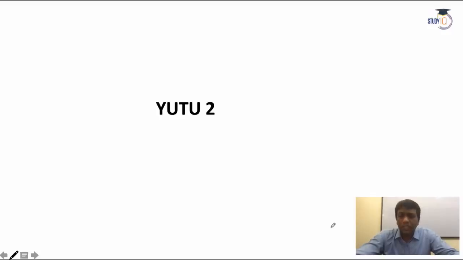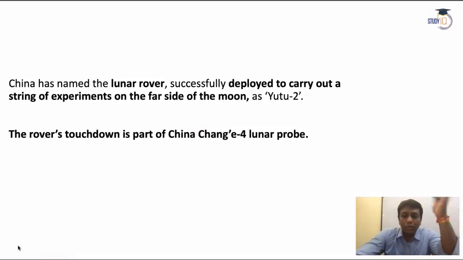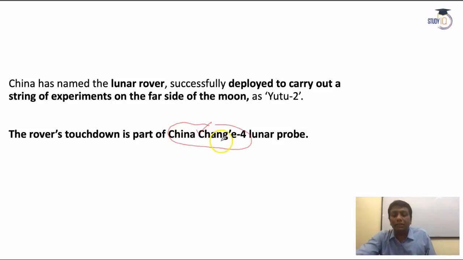Now we go to the next topic, Chang'e 4. What is it, guys? China has planned to send a mission towards the far side of the moon. In last month's videos, I discussed the Chang'e 4 mission. In this mission, China plans to put a rover on the lunar surface.